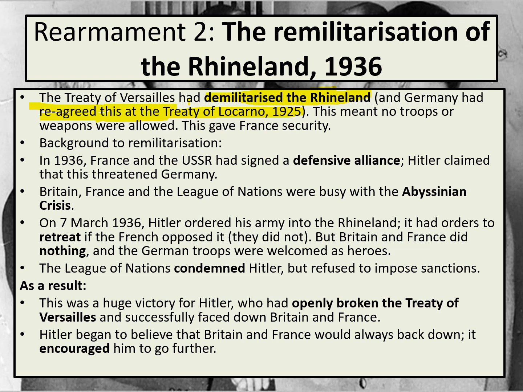No troops, no weapons allowed, and it was all about buying France security, because France had been invaded twice through the Rhineland, in 1870 and in 1940. So what's the background to this? Well, in 1936, France and Russia, the USSR, signed a defensive alliance.